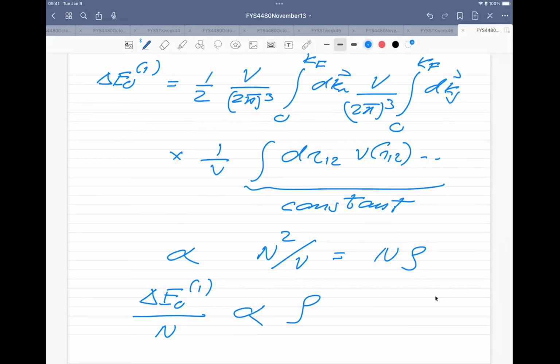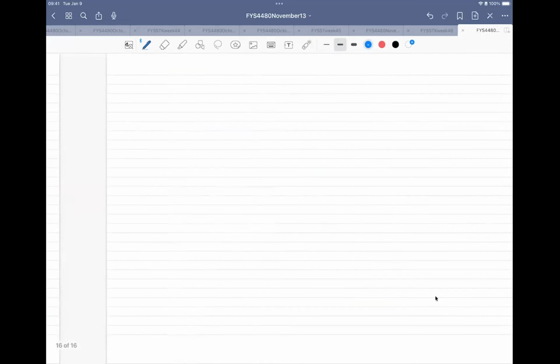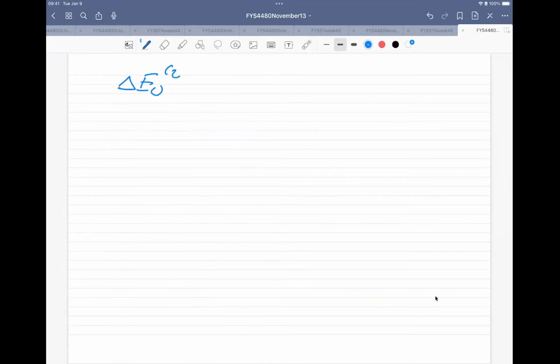Now, if I look at the second order term, I'm just going to give you the answer. If I take the delta E 0, which is given by this term for the electron gas, this is the only term which contributes to second order. So I have an a and b and i and j. I'm just going to put up the term here.